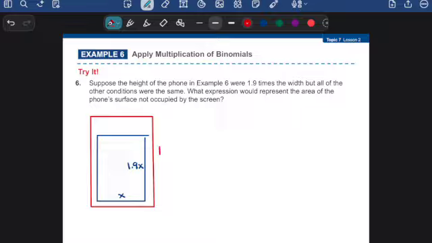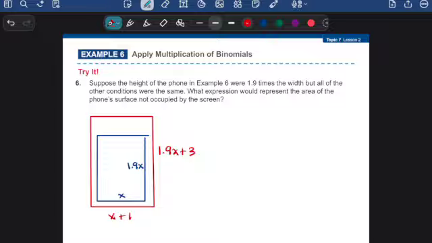So this is going to now be 1.9x plus those extra 3 centimeters in addition to the screen. And then this is still going to be x plus 1. I still have 1 centimeter to get to from the screen to the rest of the phone. So there are our new dimensions, and we're going to see what expression would represent the area of everything not occupied by the phone surface, by the screen.